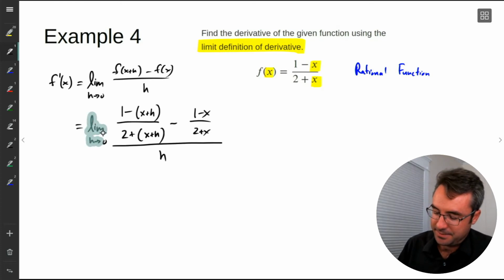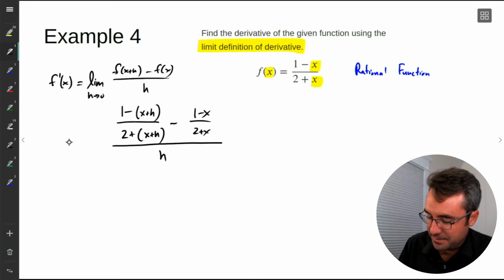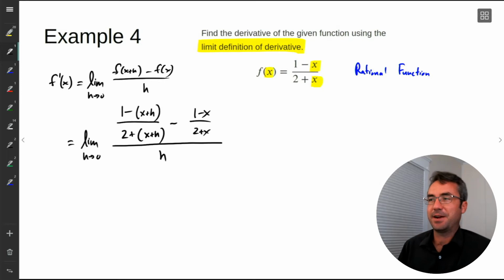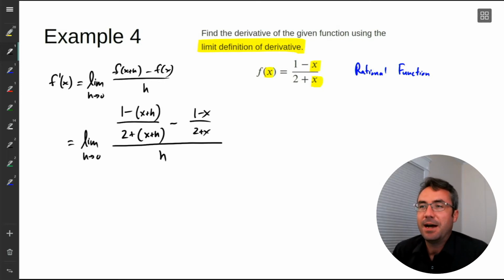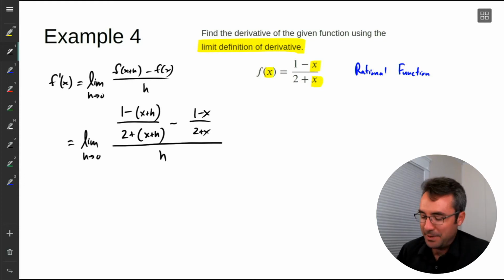Let me rewrite that, centering it on the fraction sign. This is looking a little confusing, in my opinion. Whenever we have fractions on top of fractions, it gets hard to read.